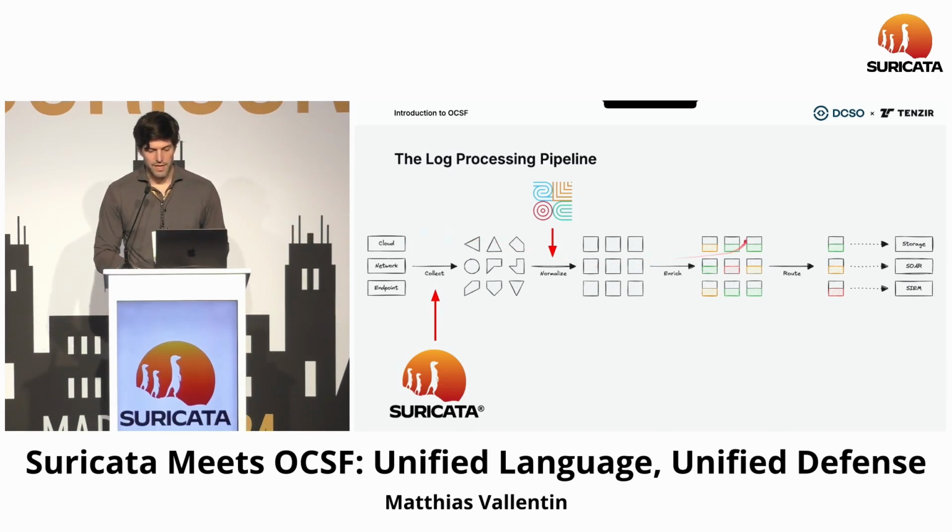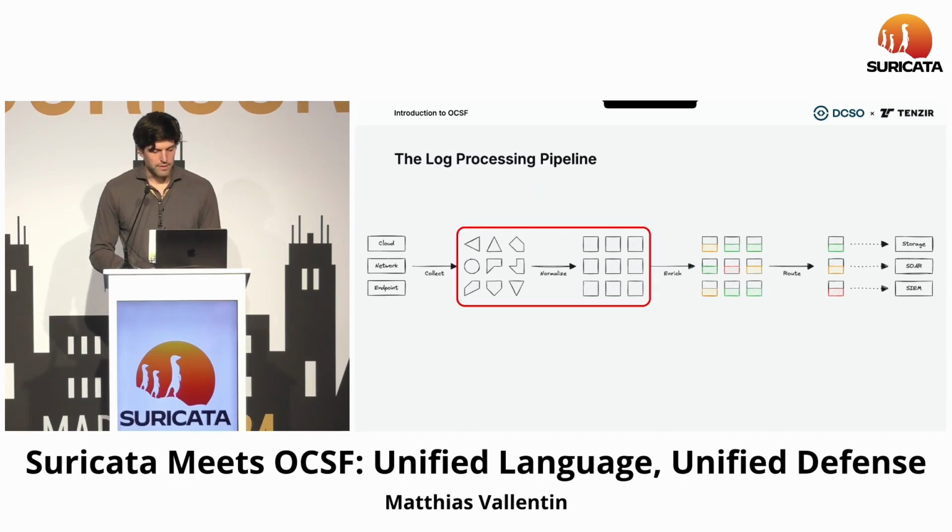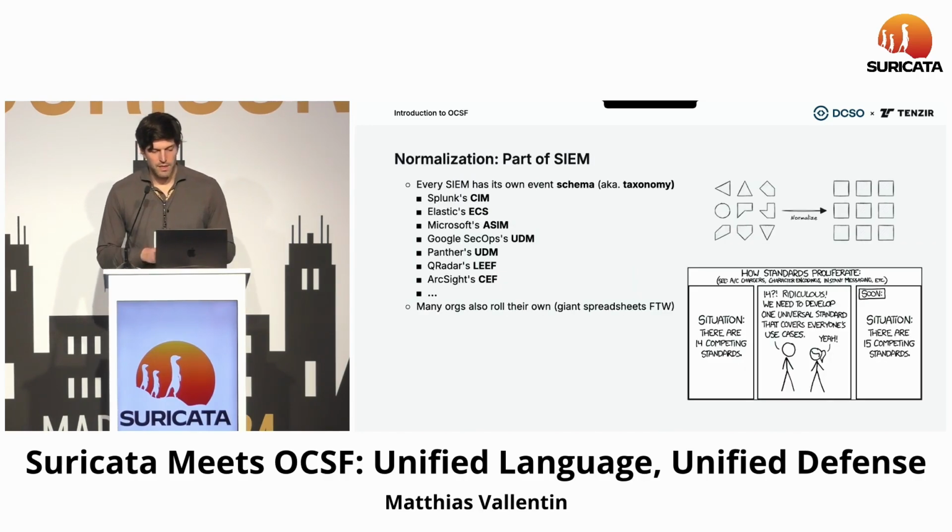There's this third layer of enrichment, which adds additional data so that you can make more educated decisions, say triage your alerts and findings before you decide where they actually go, and perhaps perform some inline detection there as well. So let's first focus on this part, because that's where OCSF comes into play.